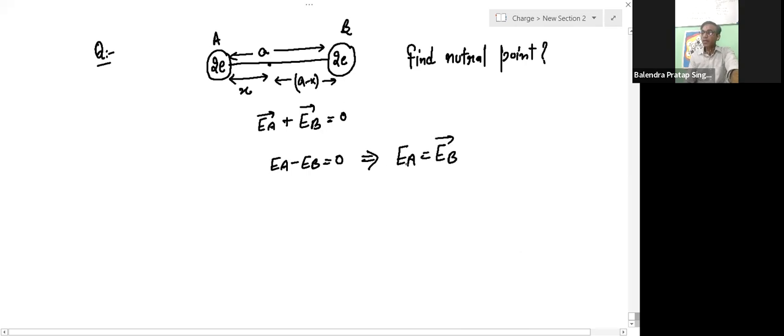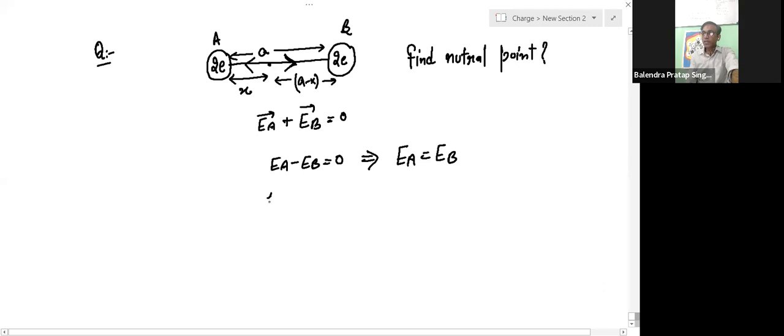Due to a, the electric field is in the right hand side direction, and due to b, the electric field is in the left hand side direction.